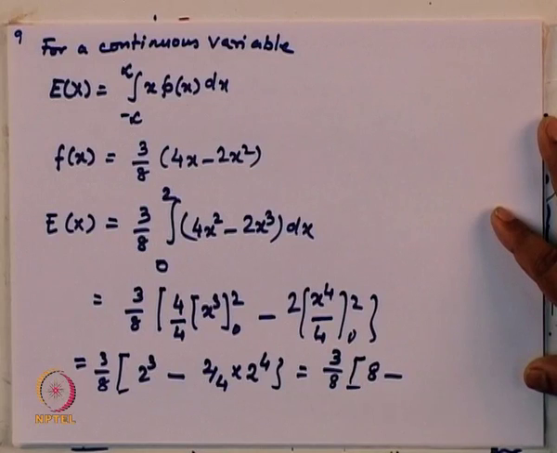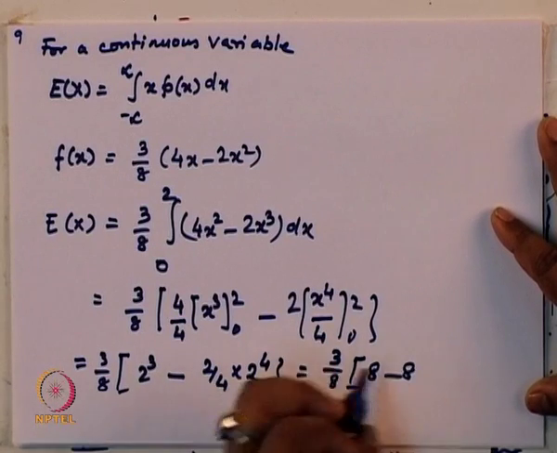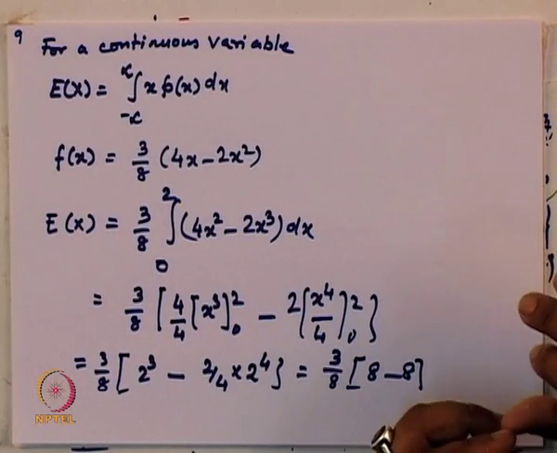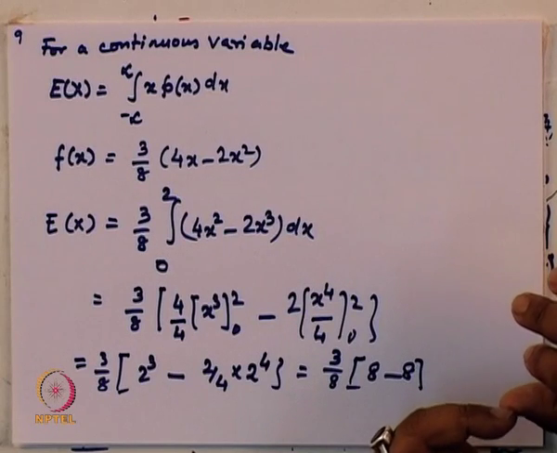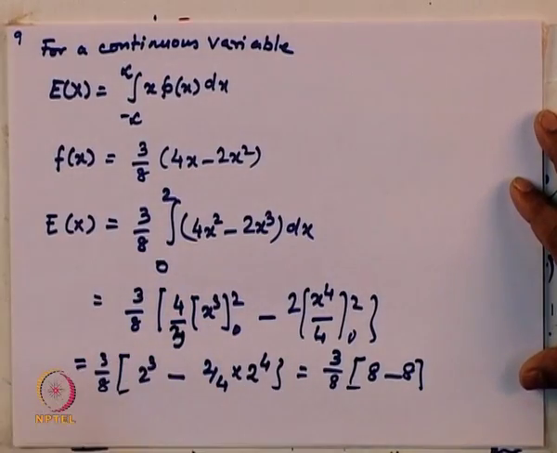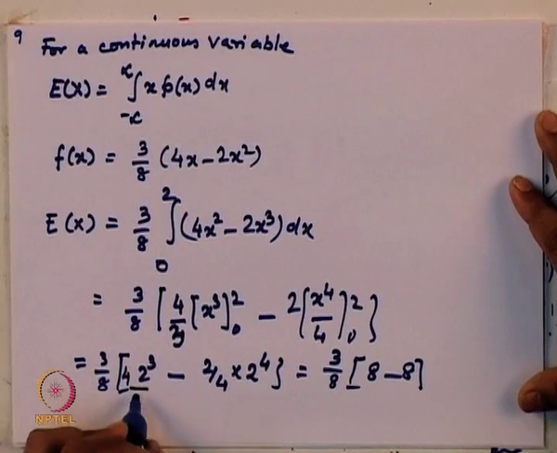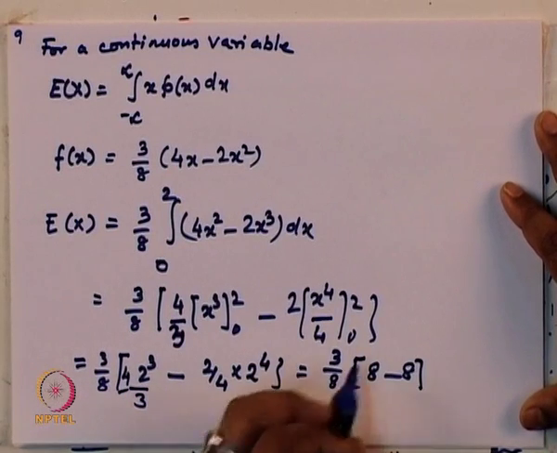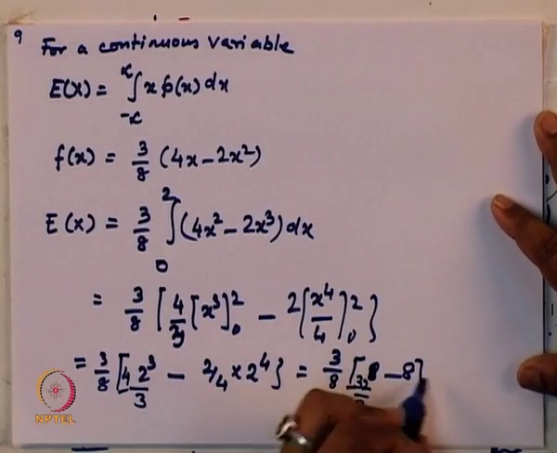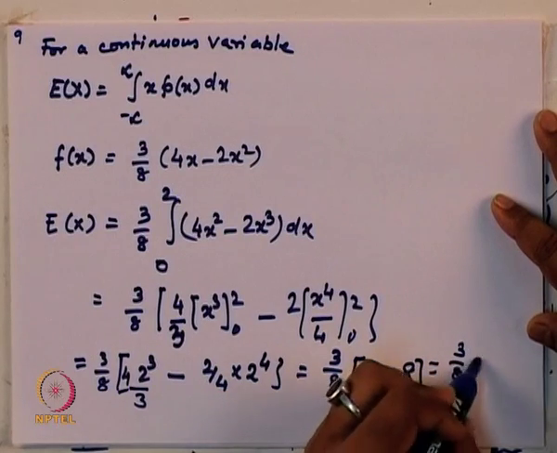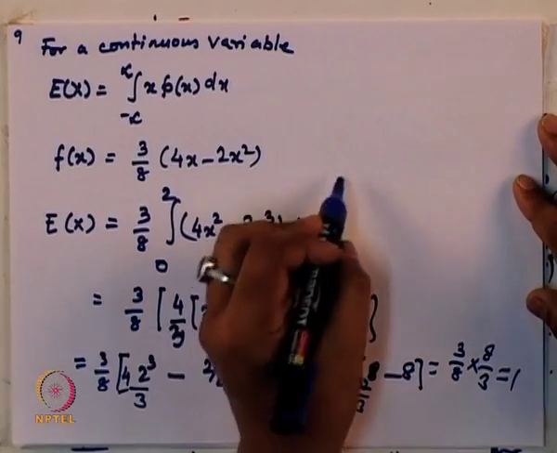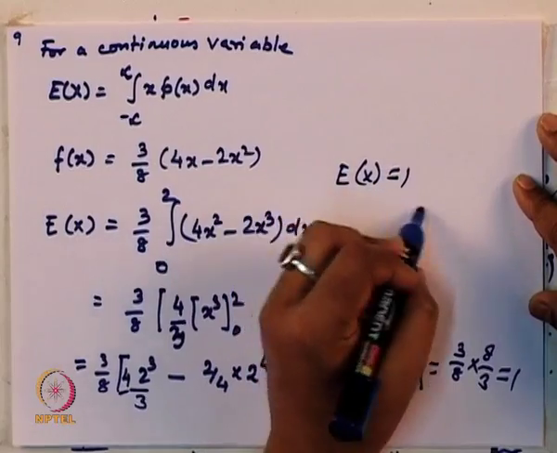Am I doing the right thing? It should be x cubed by 3, sorry, so 4 by 3 into 8. So, 8 fours are 32 by 3, minus 8, is equal to 3 by 8 into 8 by 3, which is equal to 1. So, for this particular distribution your expected value is 1.